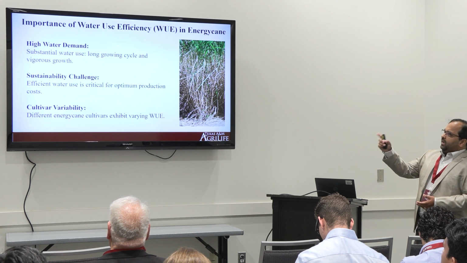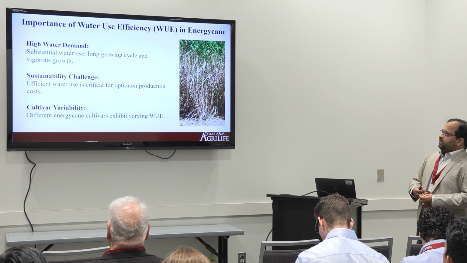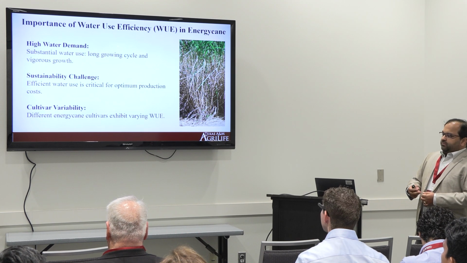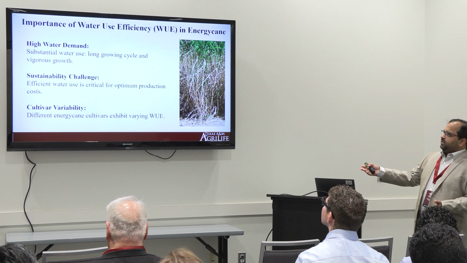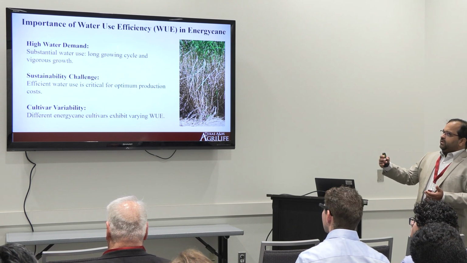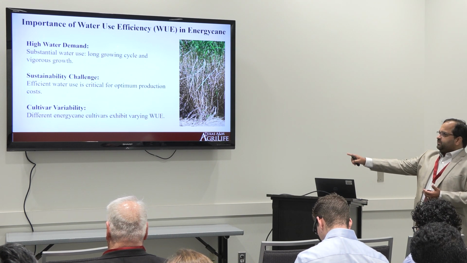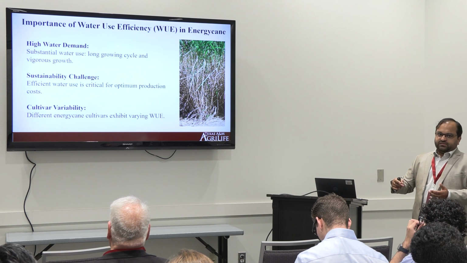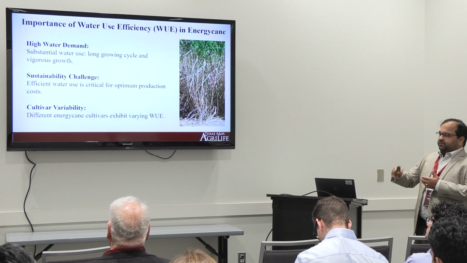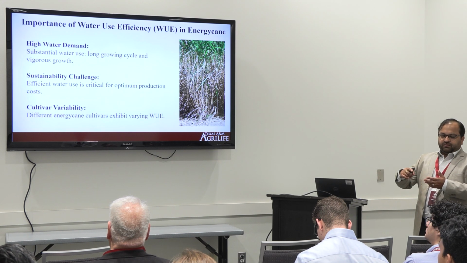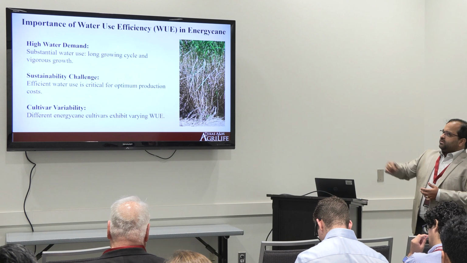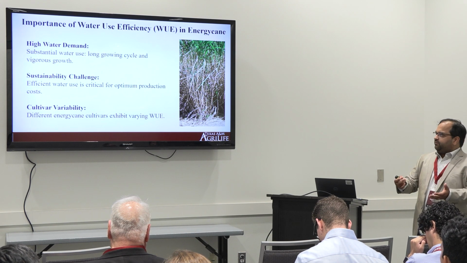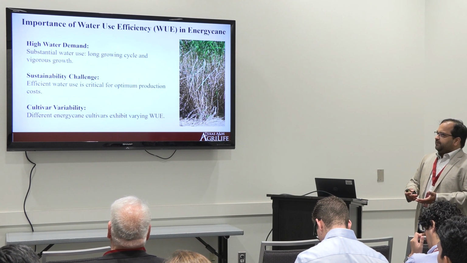But why is water use efficiency for energy cane important? The foremost reason is it's a thirsty crop. It has a very long growing cycle, and especially energy cane is a ratooning crop, so it requires water throughout all 12 months and later as well. It also has very vigorous growth. It grows really fast, so the water use is really high.